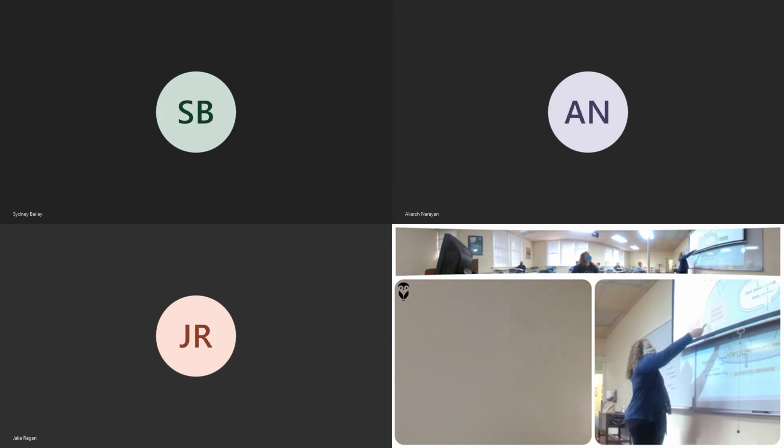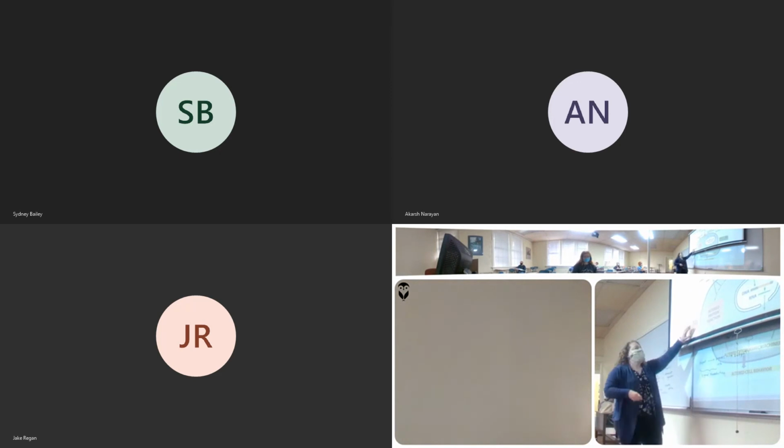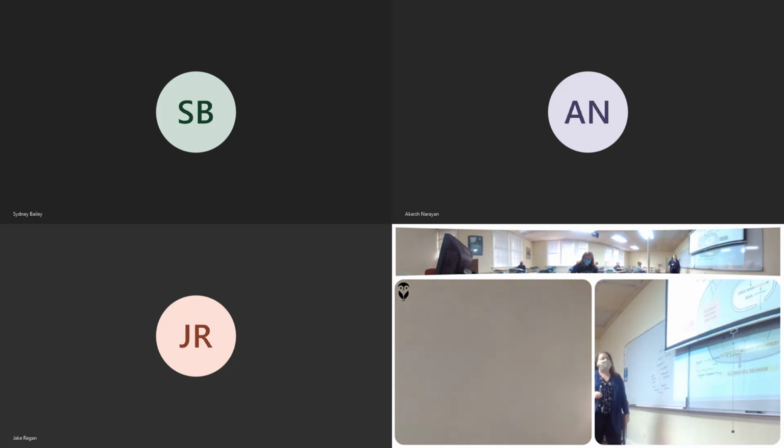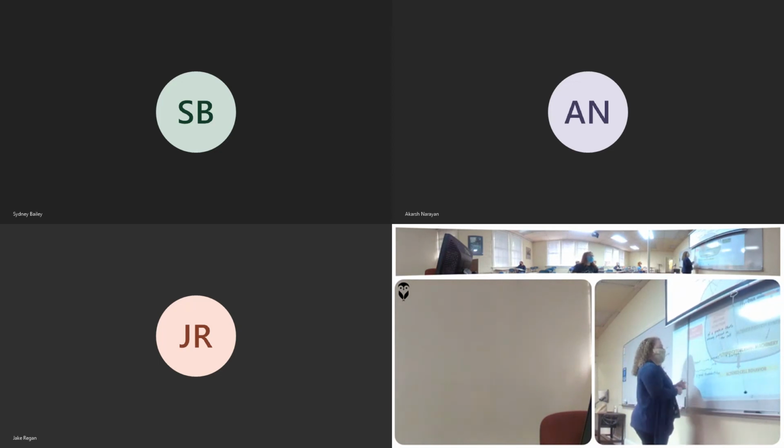So if the protein that's the real target already exists, the cell can respond to that signal really quickly. This does not require new translation.